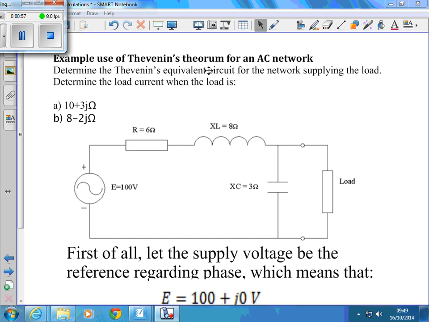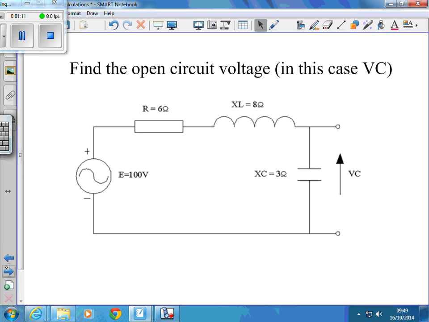So the first thing in Thevenin's theorem is to make an open circuit. Take your load that you're interested in out. So the circuit looks like that.